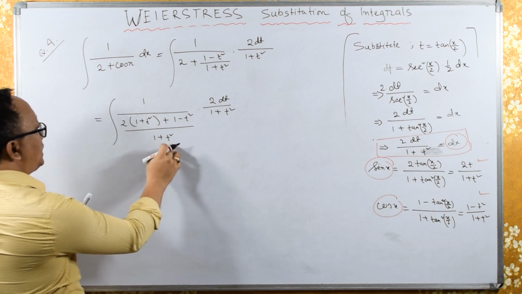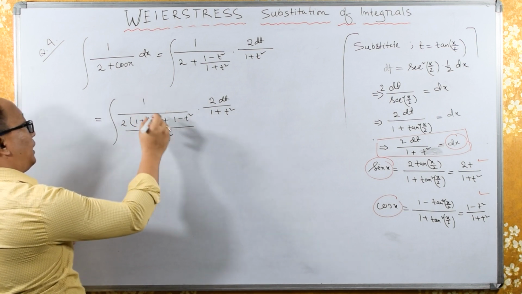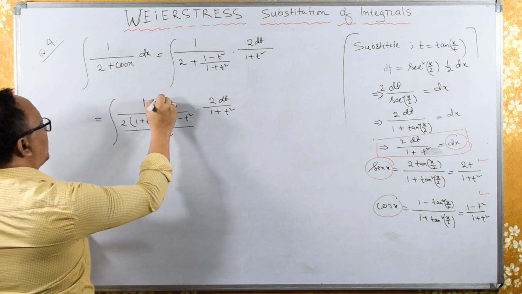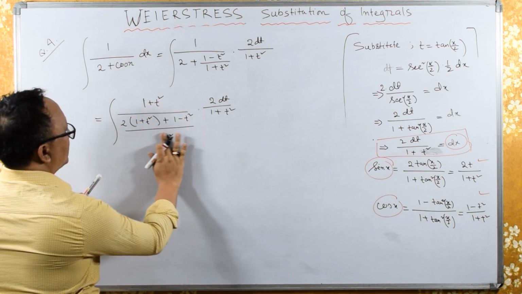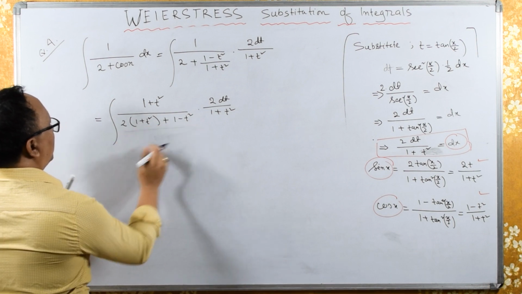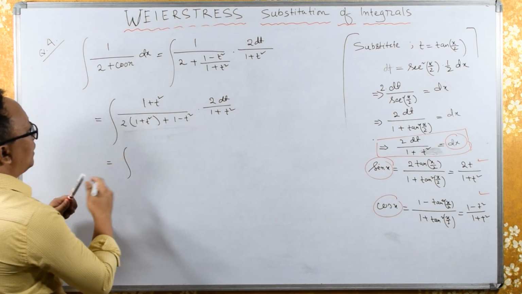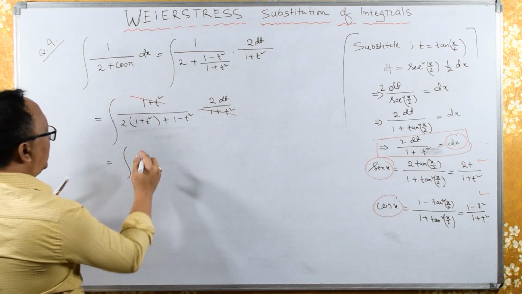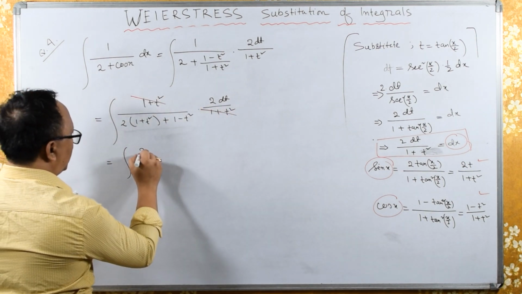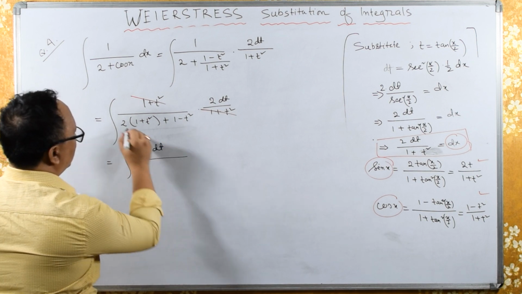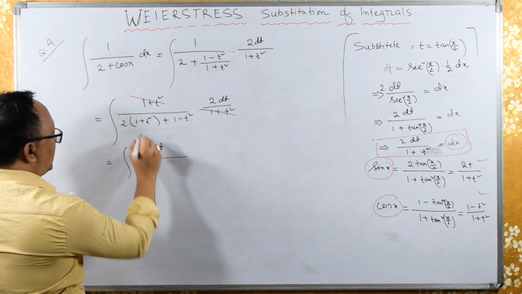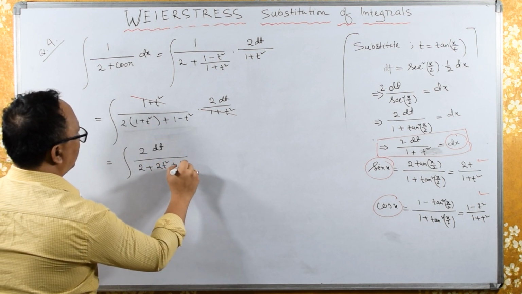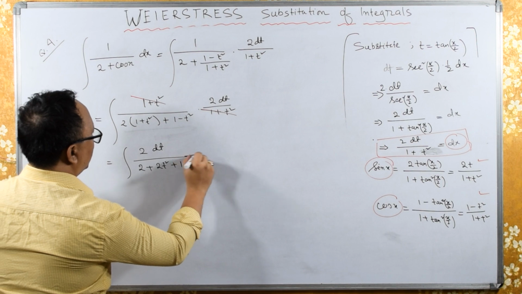Now this 1 plus t square I can send up. Here I can write 1 into 1 plus t square, which is the same as 1 plus t square. I am sending 1 plus t square up, and the 1 plus t square gets cancelled. Here I will have 2 dt upon 2 into 1 is 2, plus 2 into t square is twice t square, plus 1 minus t square.